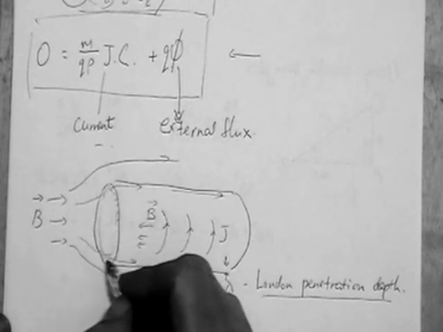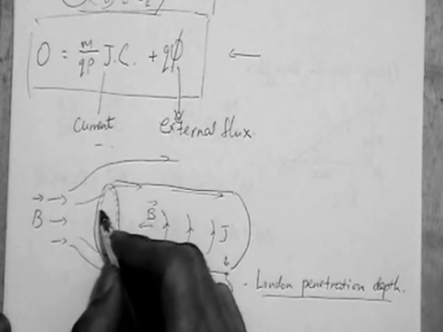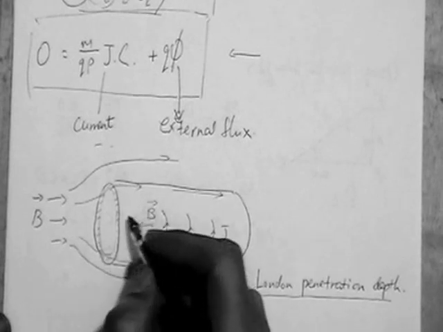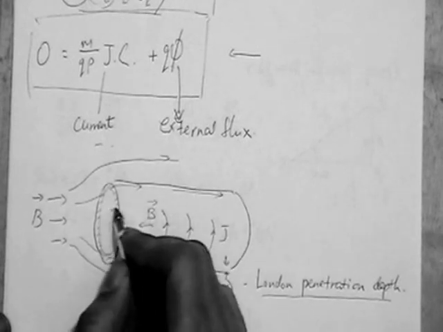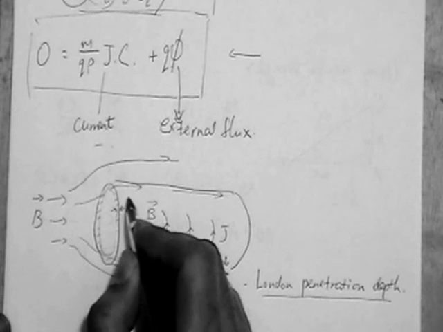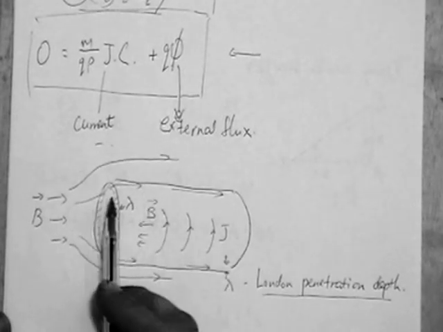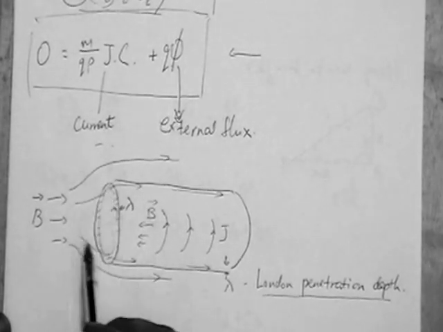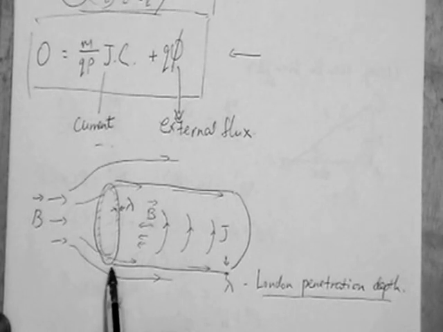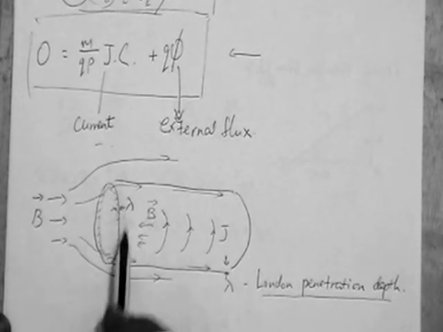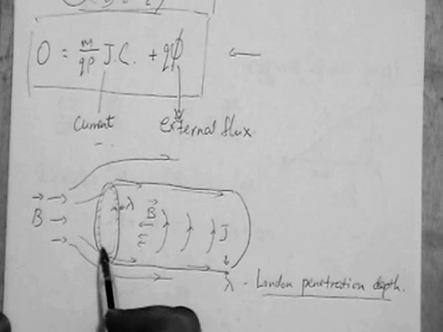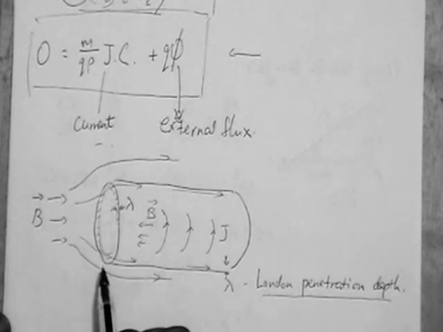Right, the cross-section is circular. We can think of a thin circular ring of width lambda through which the external field would penetrate, and within the ring there would be no field.